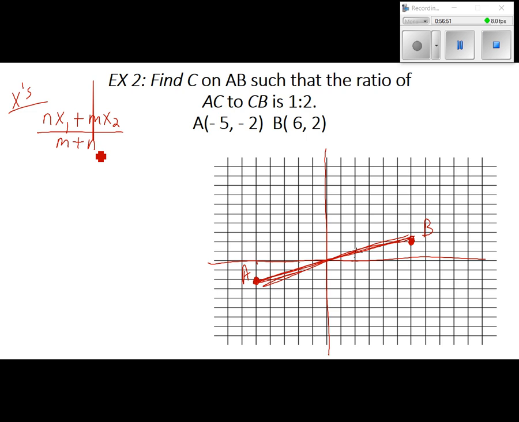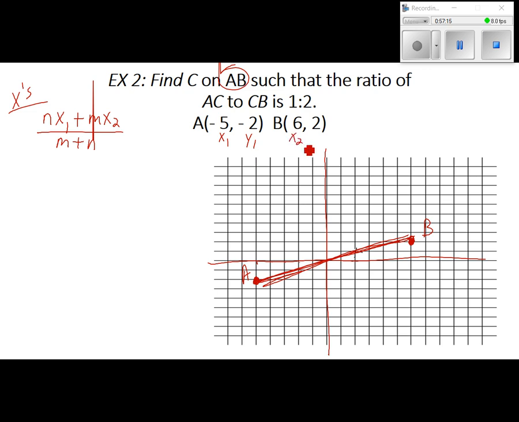This says find C on AB such that the ratio of AC to CB is 1 to 2. Are we starting at point A or starting at point B? Starting at A, so -5, what is it? X1, what's the -2? Y1, what's the 6?